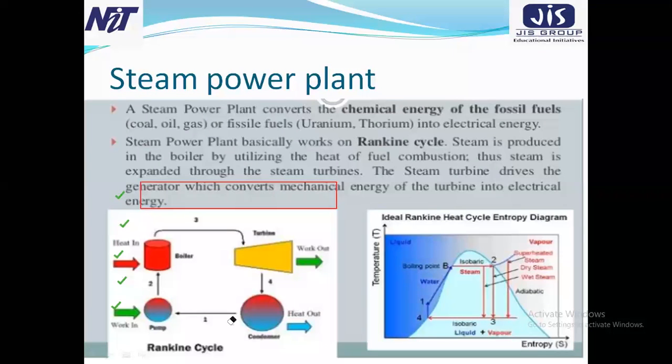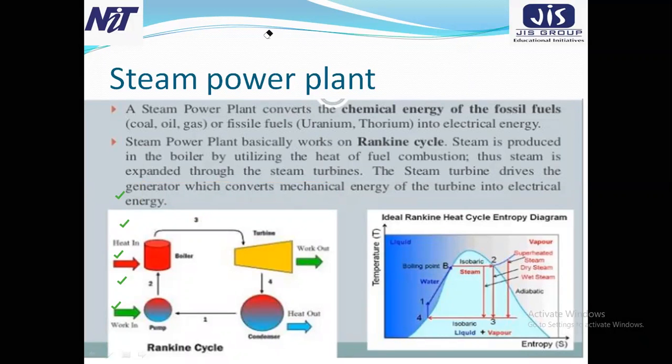Now, what is actually the steam power plant? Let me talk about that first. A steam power plant converts the chemical energy of the fossil fuels into electrical energy. What the steam power plant is actually doing is converting the chemical energy of fossil fuels into electrical energy. So what are the chemical energy sources of fossil fuels?